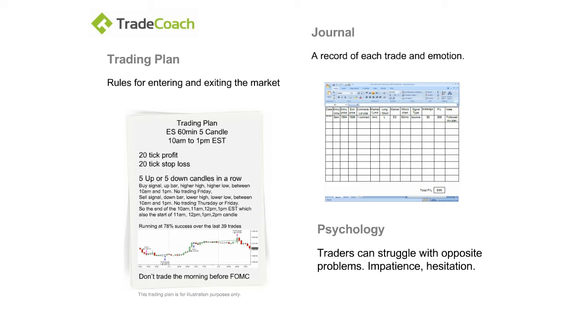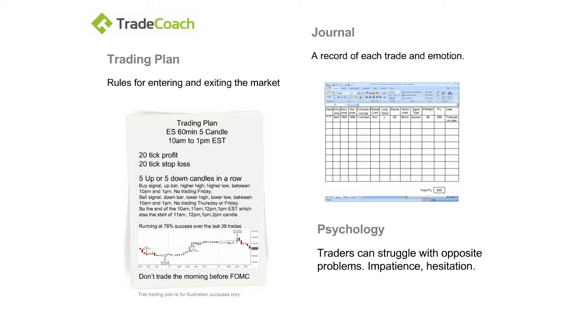So then we have a heading, 5 up or 5 down candles in a row. We then write in more description of what it is we'll be looking for. We take a little note of how it's been running over the most recent trades. We have a screenshot of what we're looking for, and then we might have a comment about particular scenarios where we don't touch it. So in this case, we've said a buy signal will be 5 up bars with 5 higher highs, 5 higher lows between 10 and 1 during the American business day.